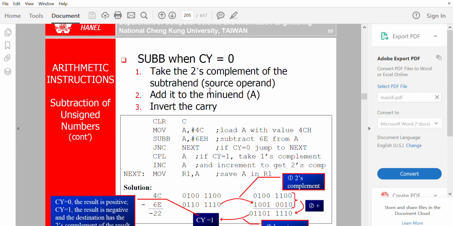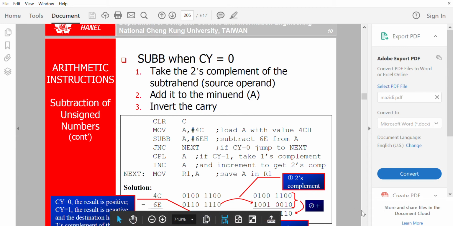And an additional step is that you have to invert the carry. At the end of the second step, whatever carry you're getting, the final carry will be the invert, or the complement, of the carry.